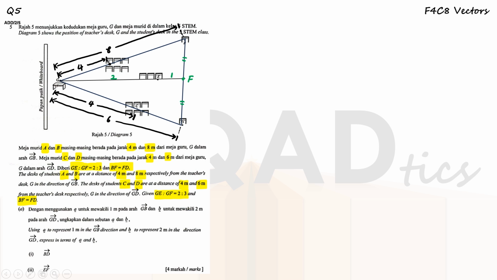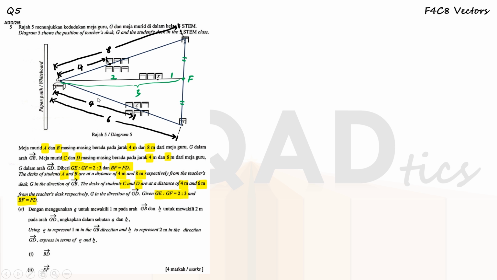And also it says that there's a ratio, GE is 2 parts, and GF is the whole line is 3 parts. So this means from E to F, there will be 1 part, right? And it says that BF is equals to FD, so this means F is the midpoint, alright?